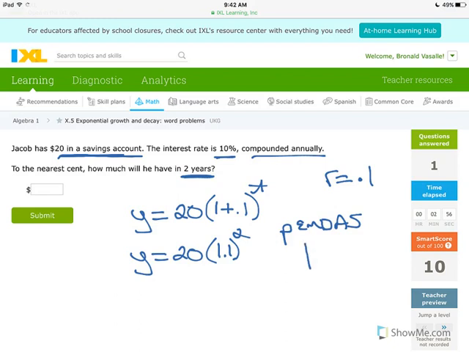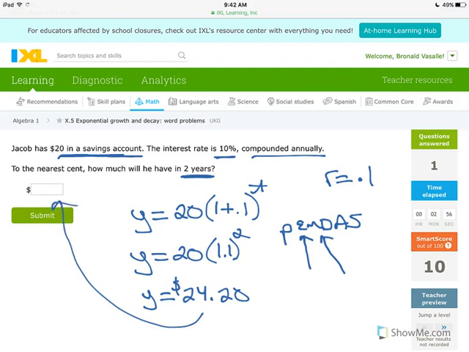So you need to do exponents first, and then you can do the multiplying. So 1.1 to the second times 20, and you should get $24.20. And that's going to go into the answer box.